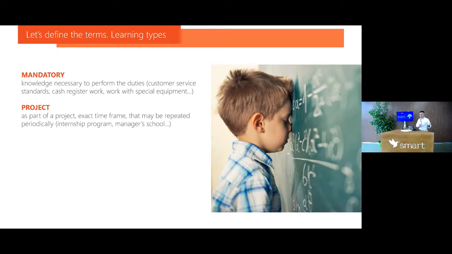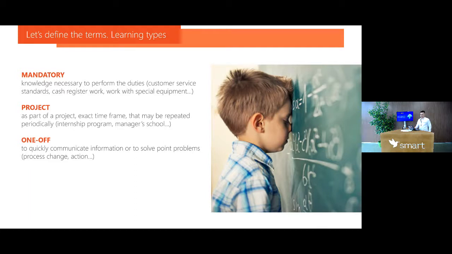Previously it was blended, because it was offline and online learning, where somebody applies to this program and has an exact time frame for this learning. They have, for instance, 2 months for the learning, and by the results of this learning, we decide whether they will be hired or not. This is an example of project learning.